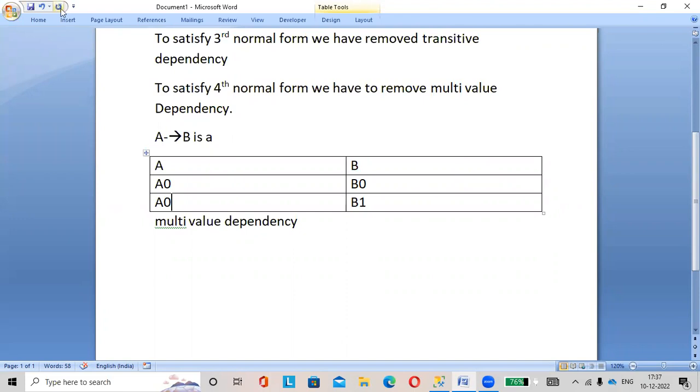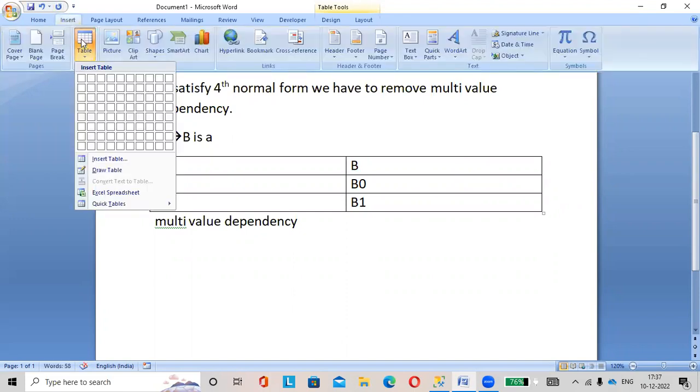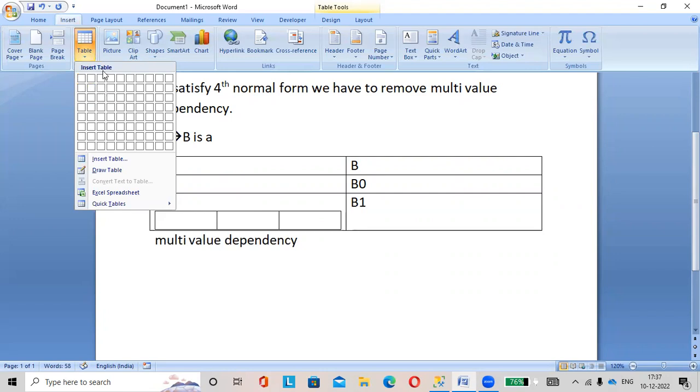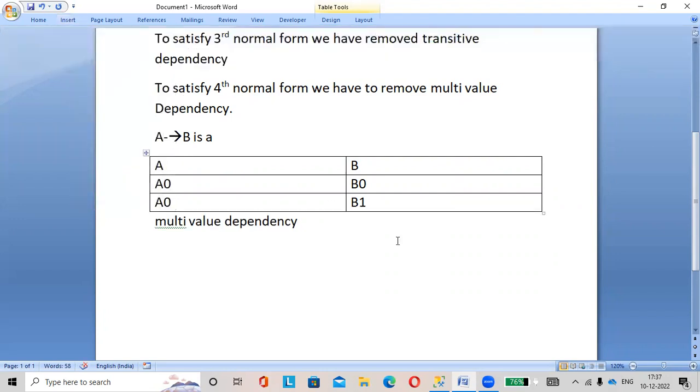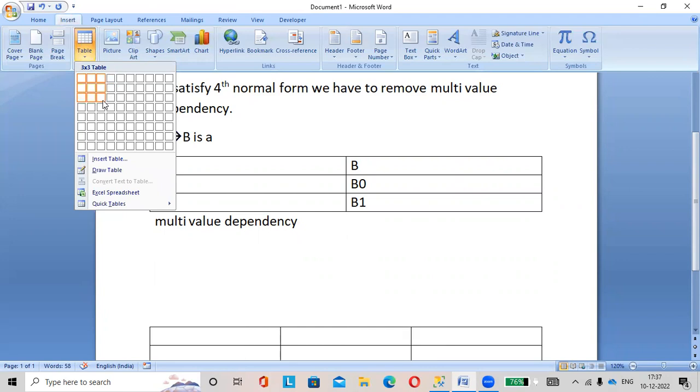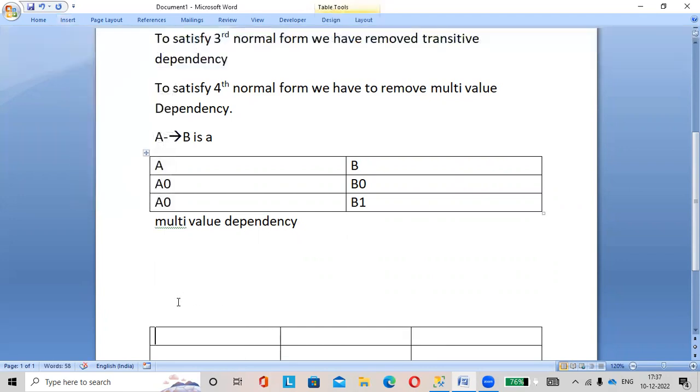Consider a three rows table. So this is a student table.